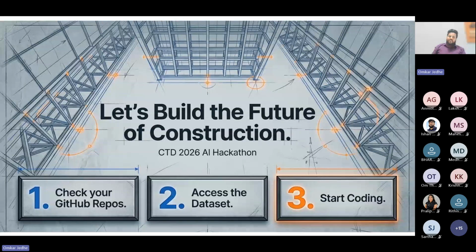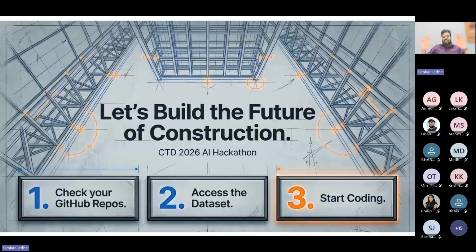And that's what we want to make easier by solving this complex problem. So let's come together. Let's build the future of construction using AI and make the second CTD edition of the AI Hackathon more challenging and accept this challenge.